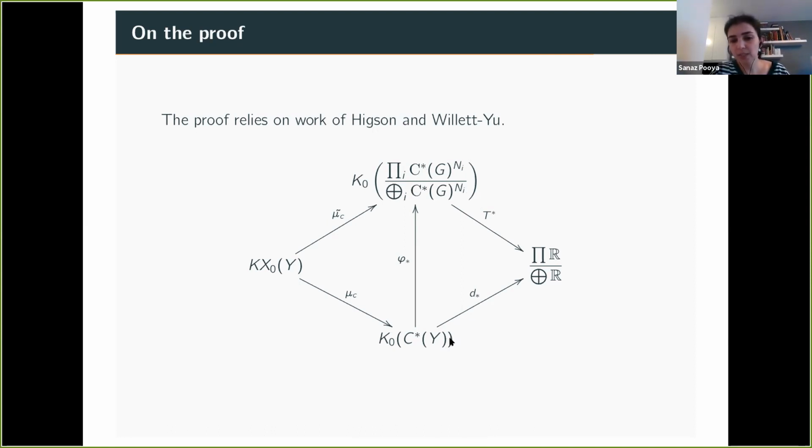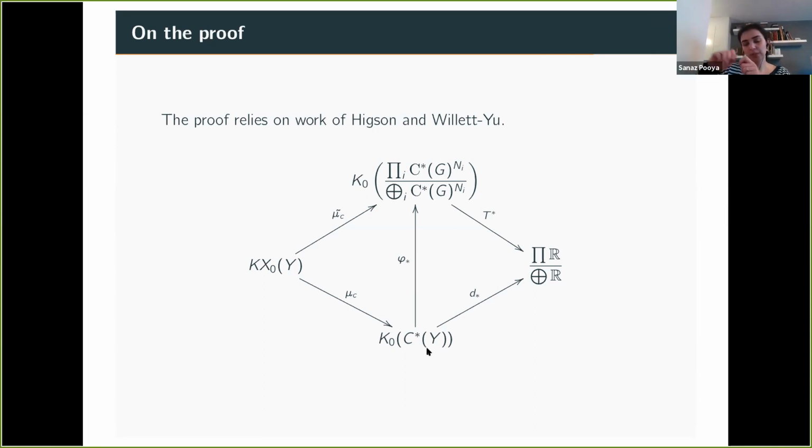So what are these traces? We have this Kazhdan projection inside the matrices over the C star n of G. With that, we can produce a high Kazhdan projection associated to the uniform Roe algebra, and then we tensor it with a rank 1 projection in order to get a projection inside the Roe algebra.